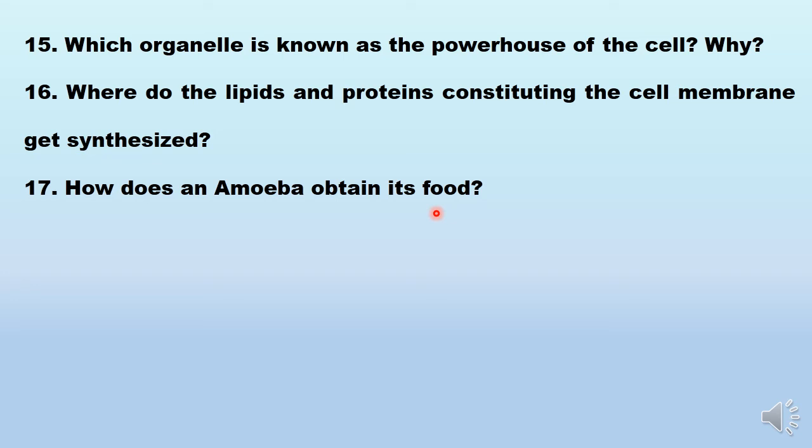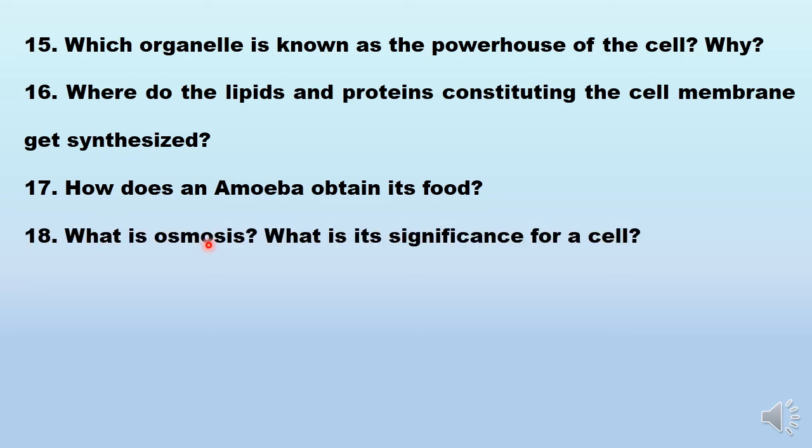So here once again mention that flexibility of the plasma membrane is something which makes this endocytosis process possible, and that is how amoeba obtains its food. If it comes in more marks section, then please make the relevant diagram also.